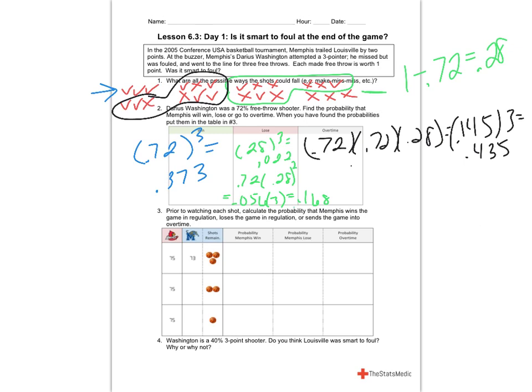So your formula looks like this: n choose x, in parentheses, and then p to the x times 1 minus p to the n minus x.